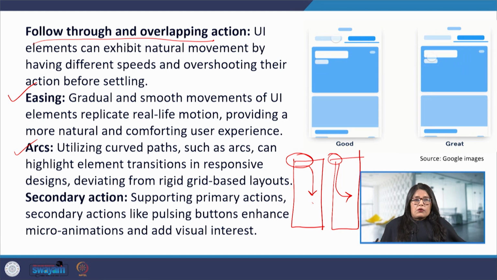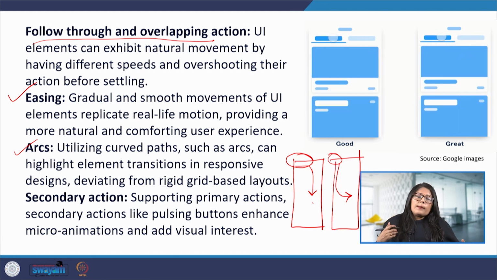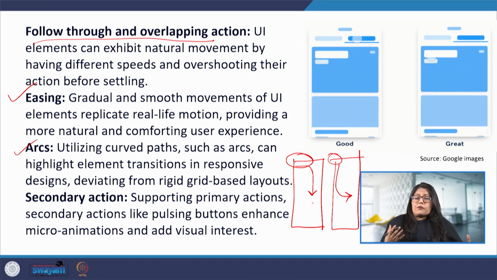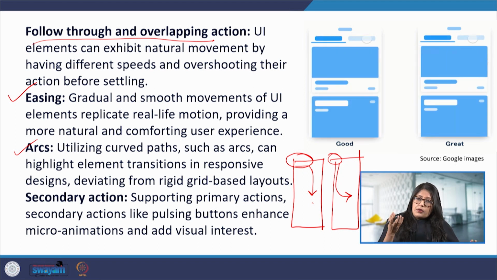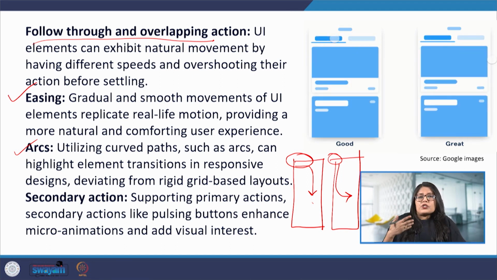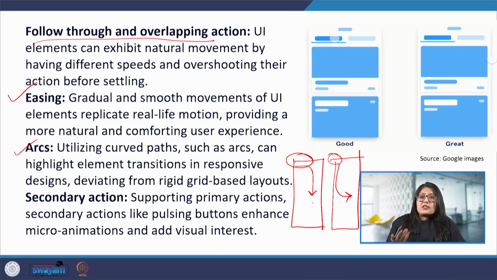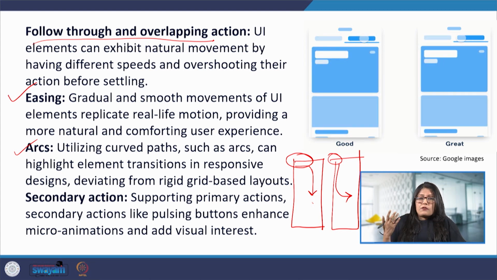So, which is better? We have to ensure that although animation gives a very positive experience, we should not use it too much, or in order to just create something really interesting, we can actually overload the user with what is in front of them. So, we have to use it very judiciously.